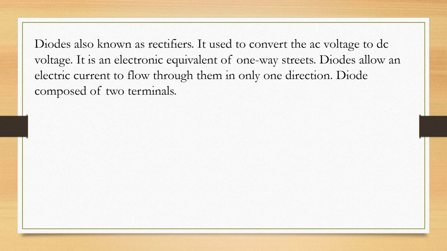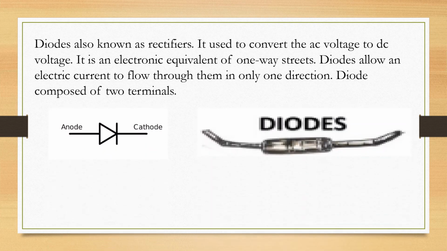It is an electronic equivalent of a one-way street. A diode allows an electric current to flow through it in only one direction. A diode is composed of two terminals.